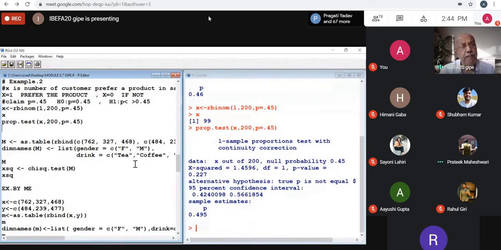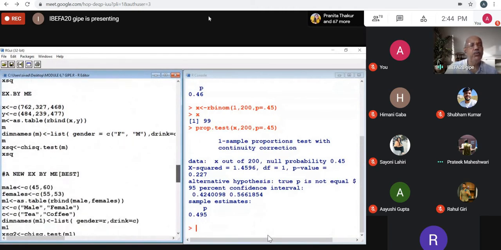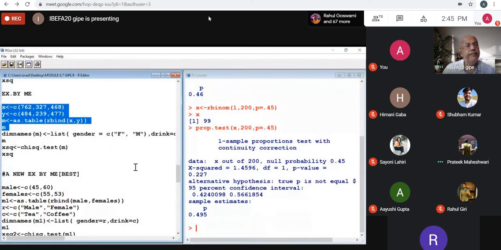Several P possible. That is what we have: tea, coffee and lemon juice. I have X data. I have Y data. I form a matrix form and I got the output.